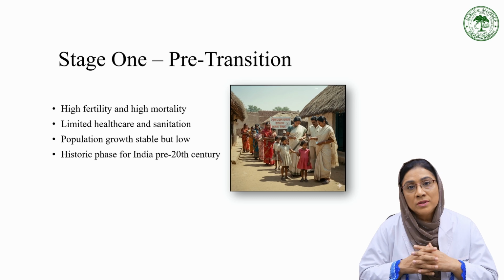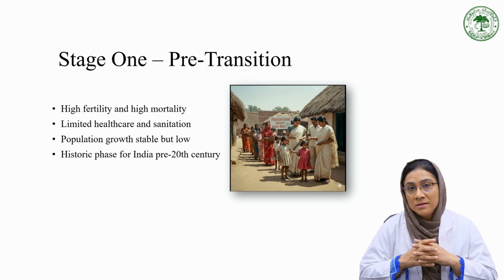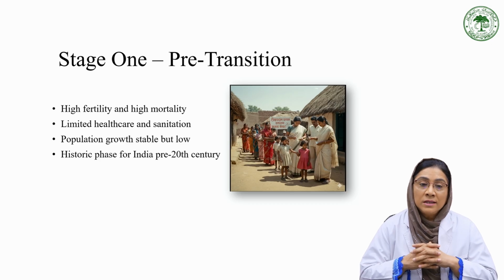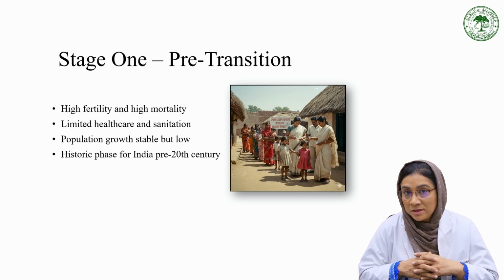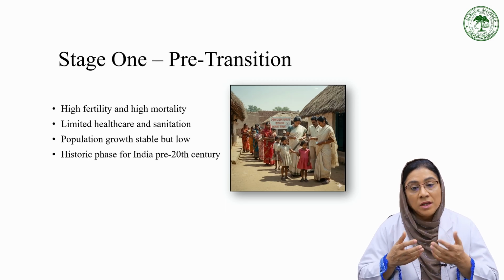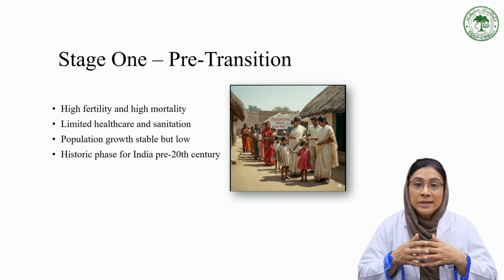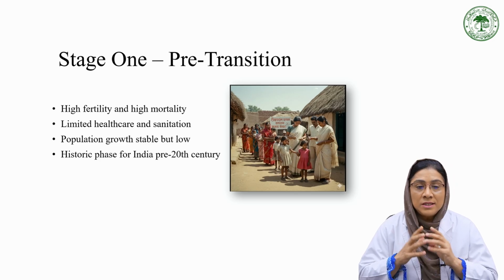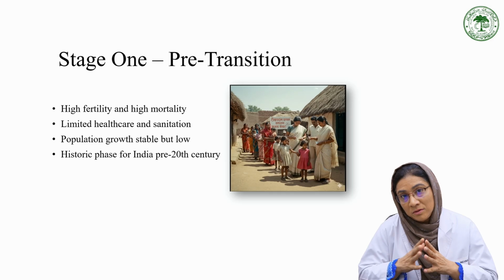their impact was limited. Understanding this baseline clarifies why the earliest gains in the transition came from simple public health measures like safe water, immunization, oral rehydration solution, and clean delivery practices that sharply reduced mortality before fertility began to fall.